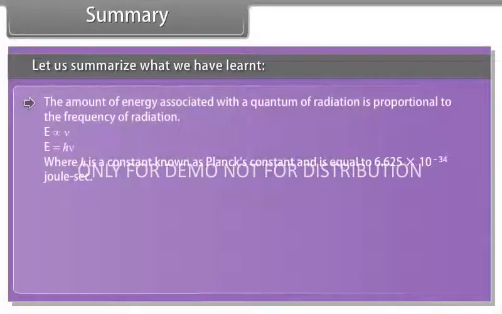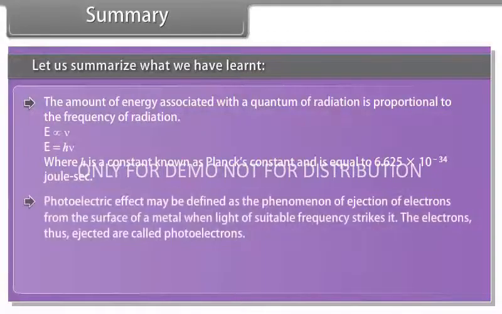The amount of energy associated with the quantum of radiation is proportional to the frequency of radiation, where the constant is known as Planck's constant and is equal to 6.625 into 10 raised to the power minus 34 joule second. Photoelectric effect may be defined as the phenomenon of ejection of electrons from the surface of a metal when light of suitable frequency strikes it. The electrons thus ejected are called photoelectrons.